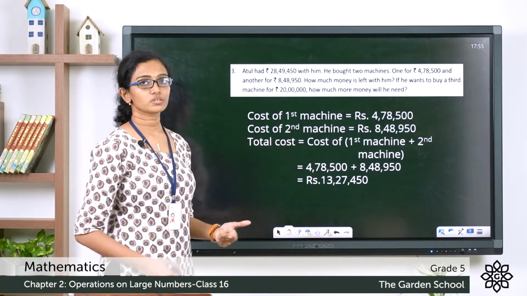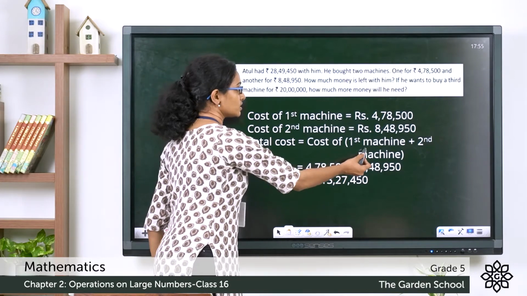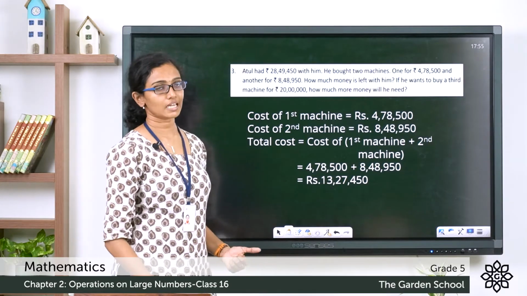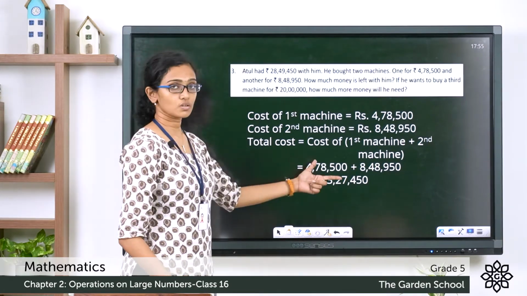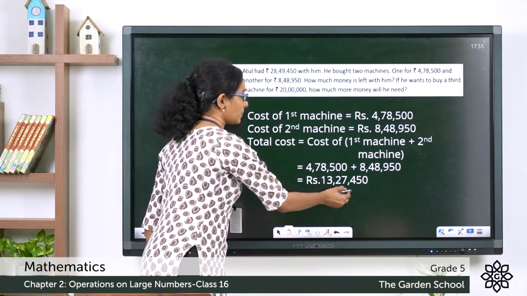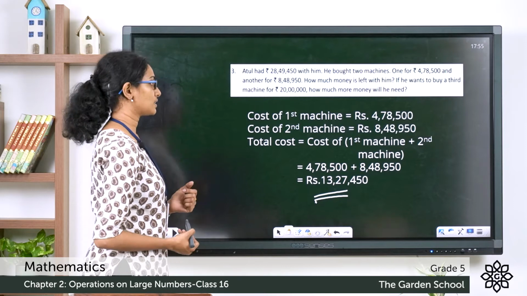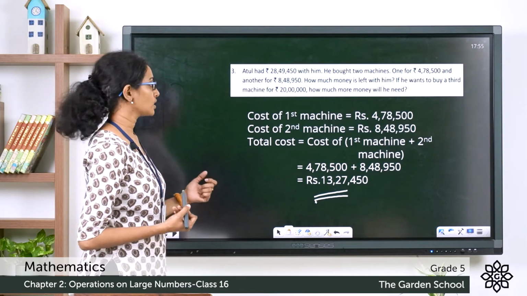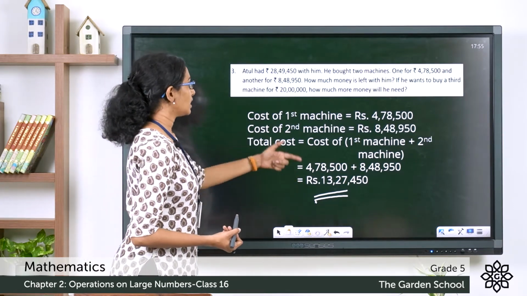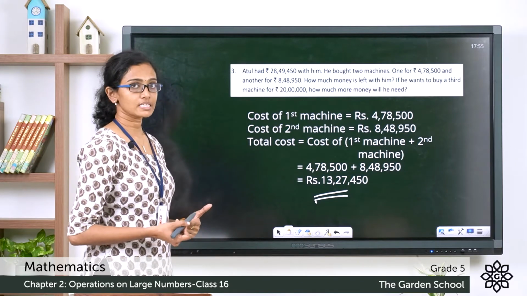Now, the total cost equal to the cost of the first machine plus the cost of the second machine. So, substituting the values will give us the total cost as rupees 13,27,450.